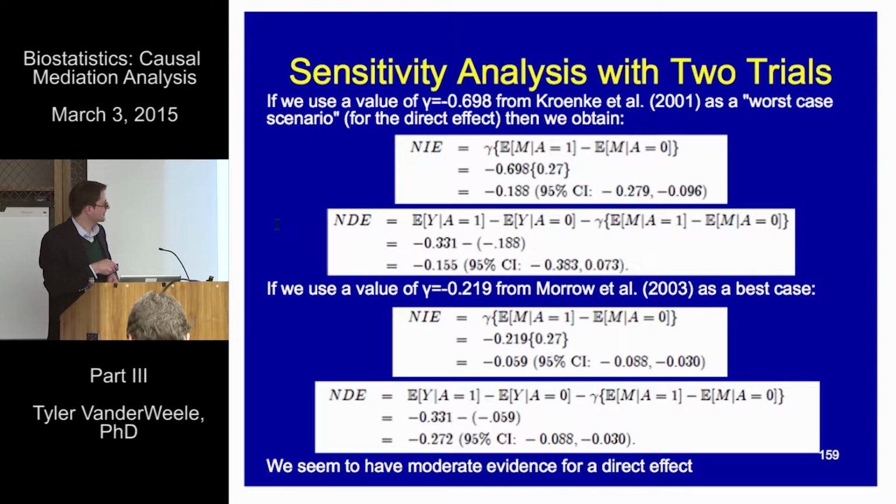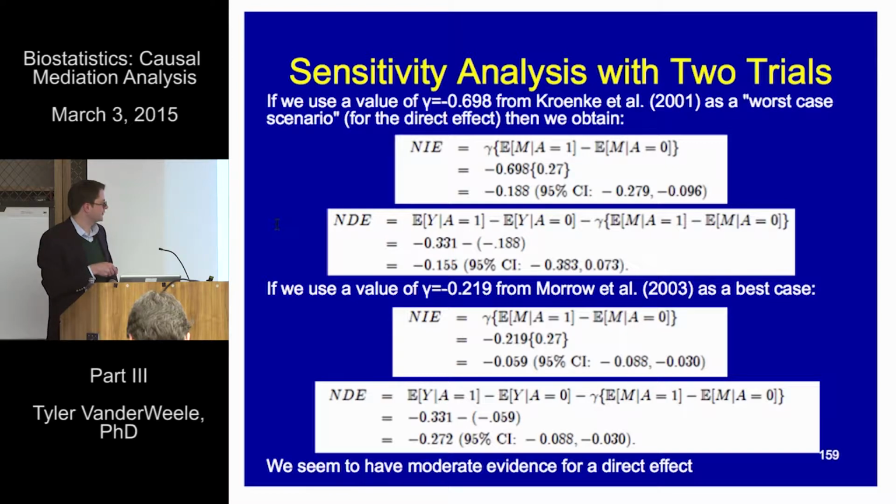If we turn to the best case scenario from the perspective of the direct effect being present and use the smaller effect size from the Morrow et al. study, we can repeat the same analysis. Effect of the exposure on the mediator, 27 percentage point increase in use of antidepressants. The effect of antidepressants, minus 0.2. Natural indirect effect now is just minus 0.06.